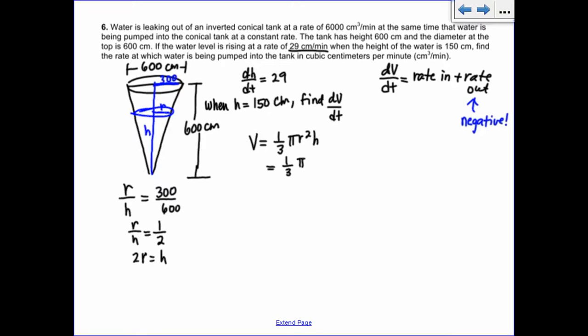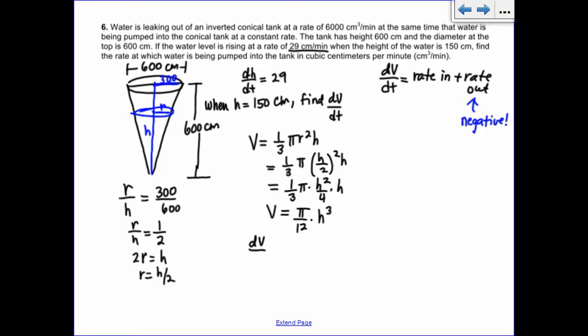So we have pi, r is h over 2. So we end up getting 1/3 pi h squared over 4 times h. So pi over 12 h cubed. Now we can take the derivative.